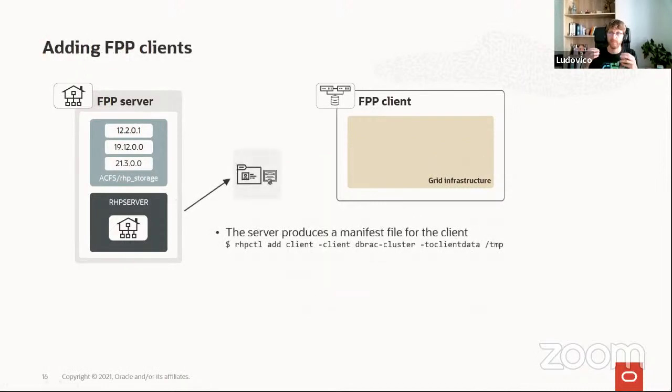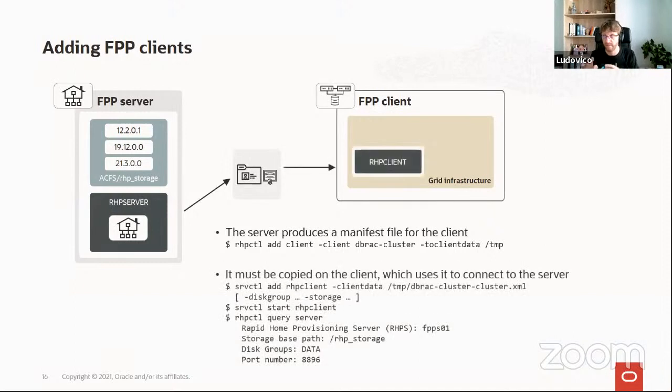We add the clients by creating a manifest file from the server for that specific client. It will create SSH key pairs for the client in order to connect to the server. You can take this manifest file and copy it by any secure means, that can be SCP or USB stick or whatever you want.